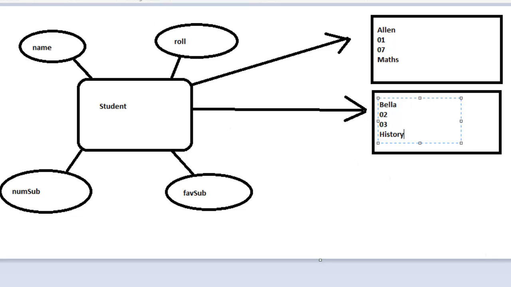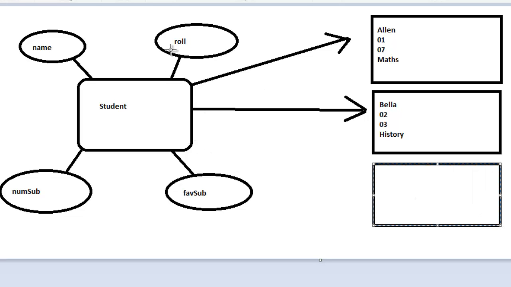And similarly, we have one more student who is the part of this class student. Okay, and the details of this student is the name Damon, the roll number is 03, number of subjects taken 07, and the favorite subject is physics.